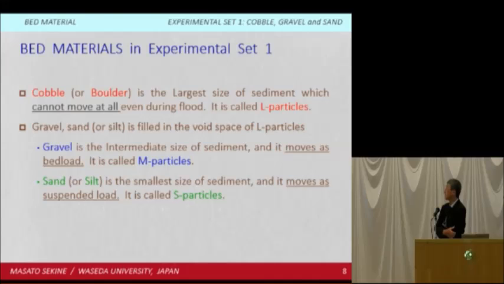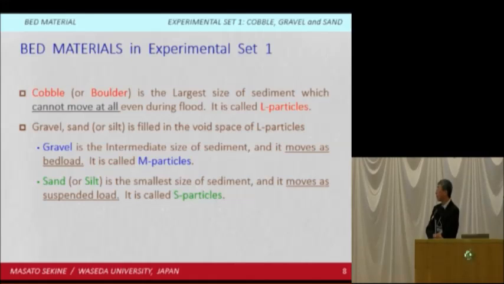One of the 3 is cobble or boulder, which is the largest size of sediment and cannot move at all. It's called the L particle today. And gravel is the intermediate size of sediment, and it moves as bed load. We call this the M particle today.